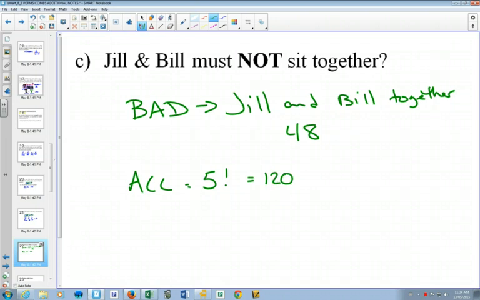If there are 120 ways that they could sit down as all the possibilities, and we know that 48 of them are bad, we could just do all of them minus the bad ones and find out that there are 72 ways where people could be sitting on the bench, but Jill and Bill are not sitting together.